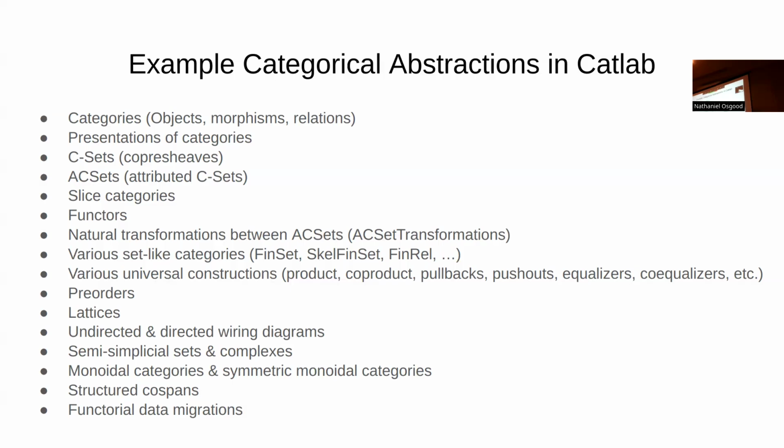So it can be very helpful to label things in categories, like going from a graph to a weighted graph, for example. And there are higher-level gadgets, things like structured cospans, directed and undirected wiring diagrams, and tools like that that allow us to build up higher-level structures.